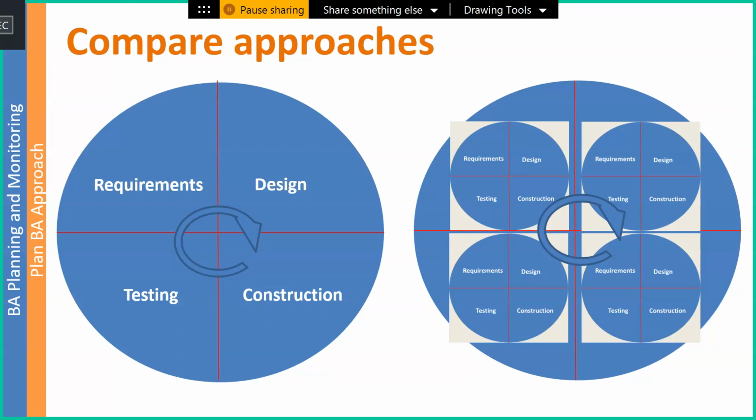So with adaptive, which is off to the right, I'm still doing the same cycle. I'm just doing it with smaller amounts of focused priorities, and I'm working on this one. And then when it finishes testing and it goes into a productive environment, while we're learning from what we put out there, I'm already on to the next cycle.